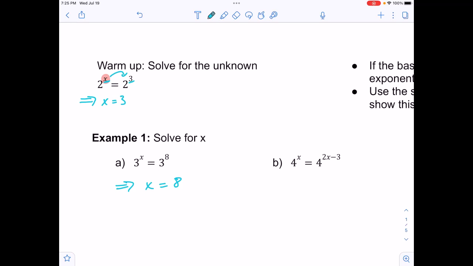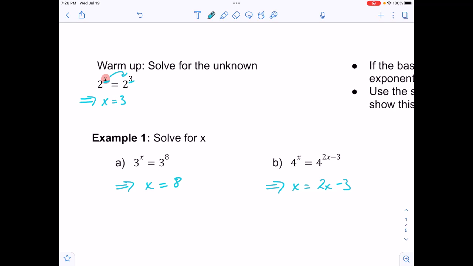Okay, in our next question here, I have 4 to the power of x is equal to 4 to the power of 2x minus 3. My bases are the same, so I can jump to setting my exponents to be the same. x equals 2x minus 3. Now I can rearrange, right? Now this is turned into a linear equation.